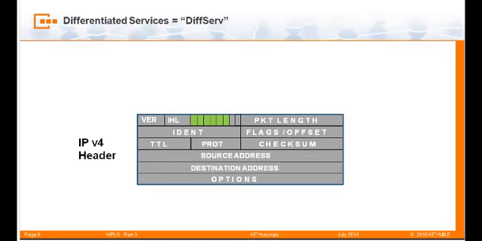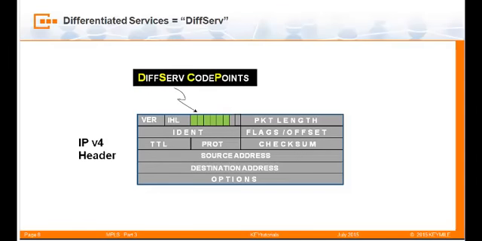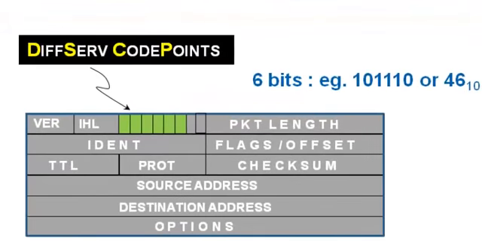As you can see, in an IP version 4 header, we have 6 bits available to us, which are used by a hierarchical system called differentiated services, or diffserv. 6 bits are used to hold a number called a diffserv code point, which is the priority value for IP, something that indicates the type of service being carried in that packet and how it should be handled.